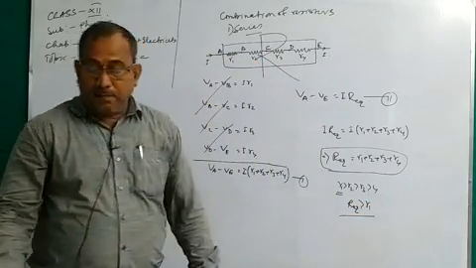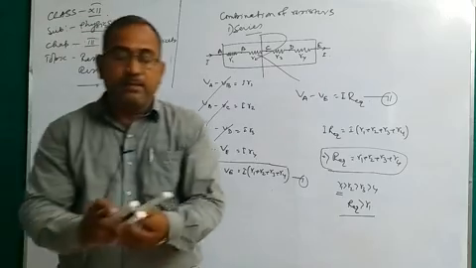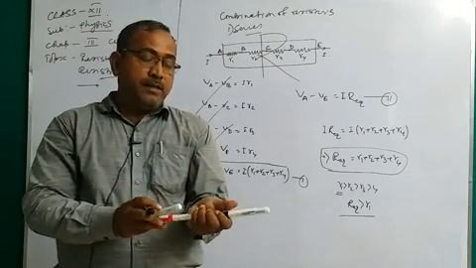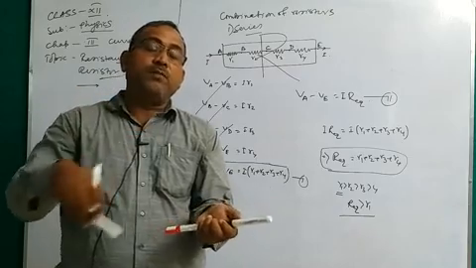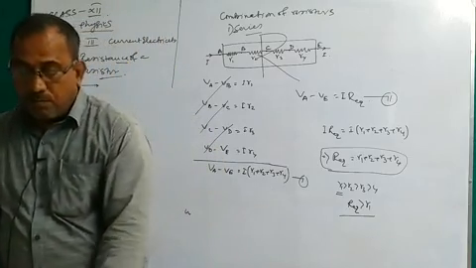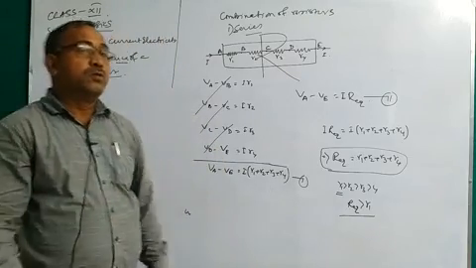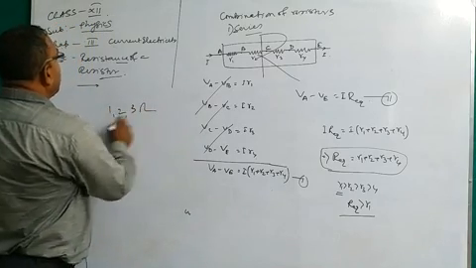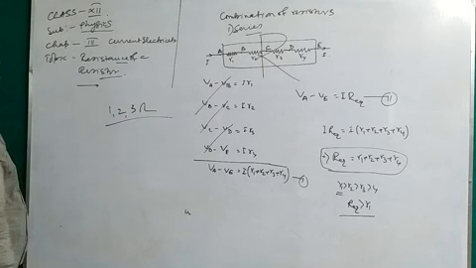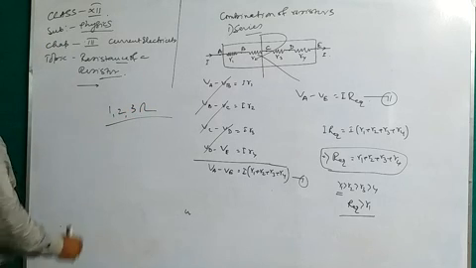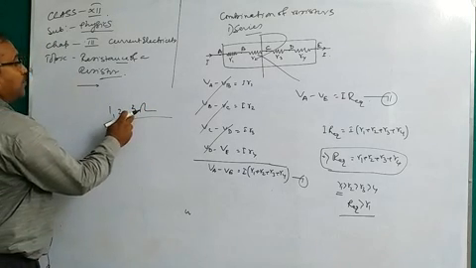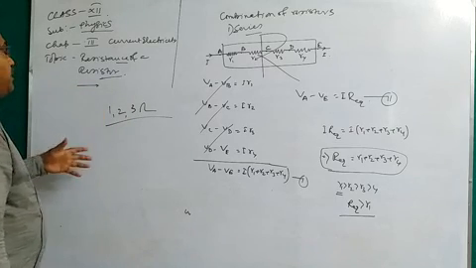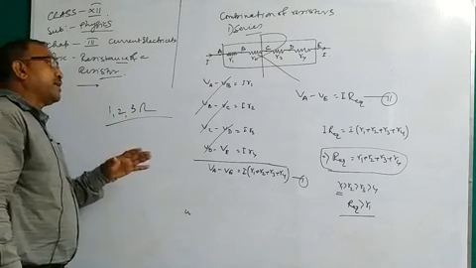Suppose the three resistors are 1, 2 and 3 ohm in your hand. When you want a value of more than 3 ohm, you add them in series. And when you want less than 1 ohm, you connect them in parallel.